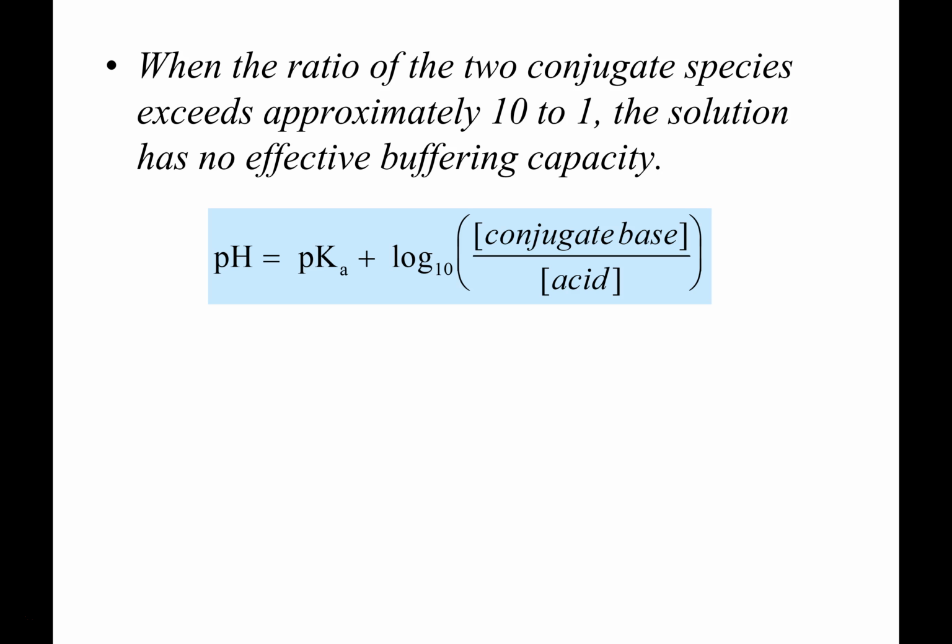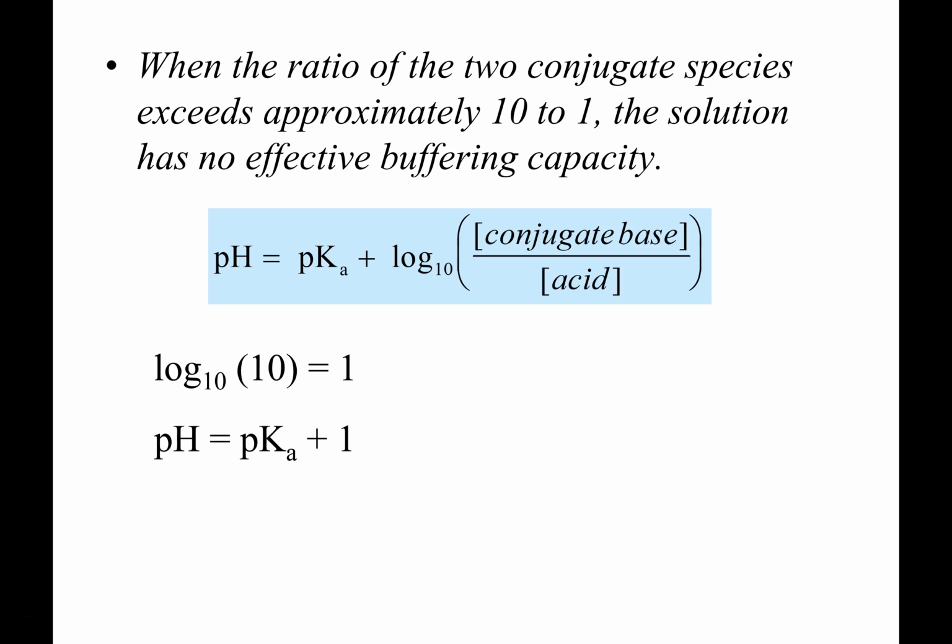All right, so let's look at the extremes. This ratio can be anywhere from 0.1 to 10. For instance, if you have 10 times more base than you have acid, then that ratio will be 10.